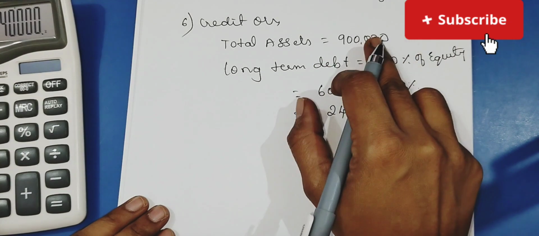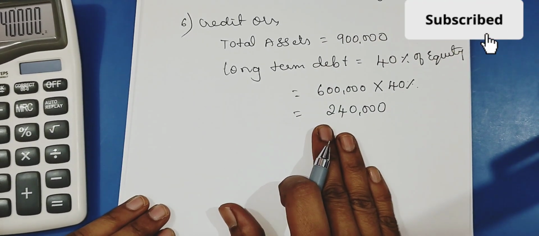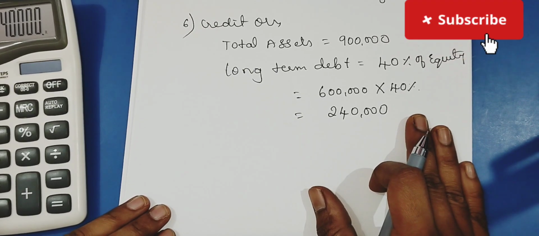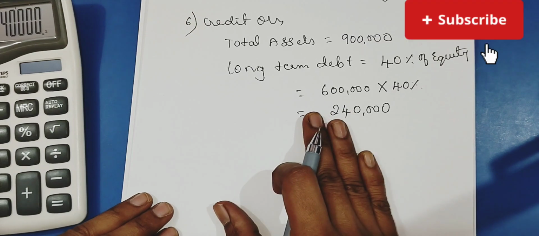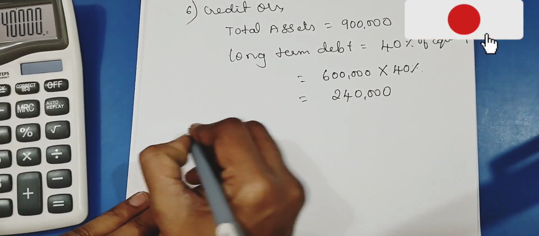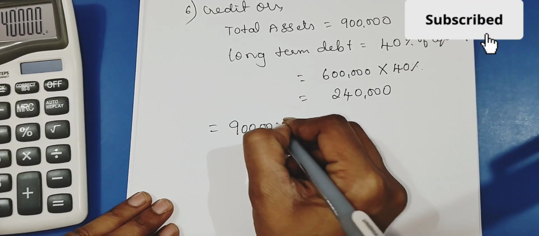So we know the total of asset side. And on the liability side, we have long term debt and shareholders fund. Now the remaining balance we are going to consider as our creditors. Total of asset side is 9 lakh.